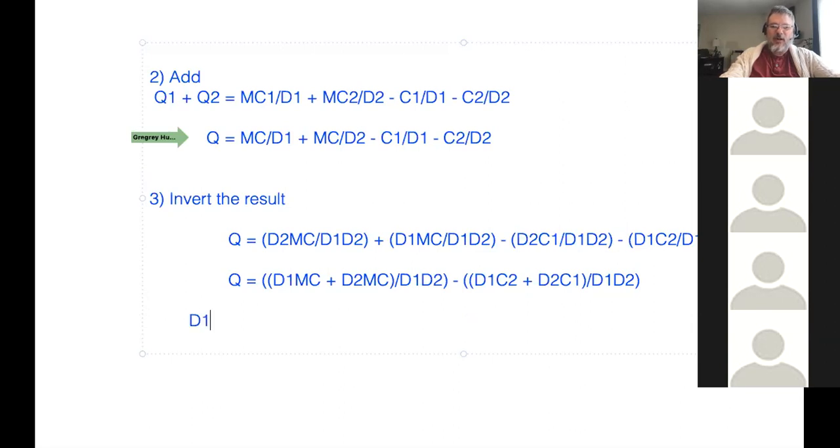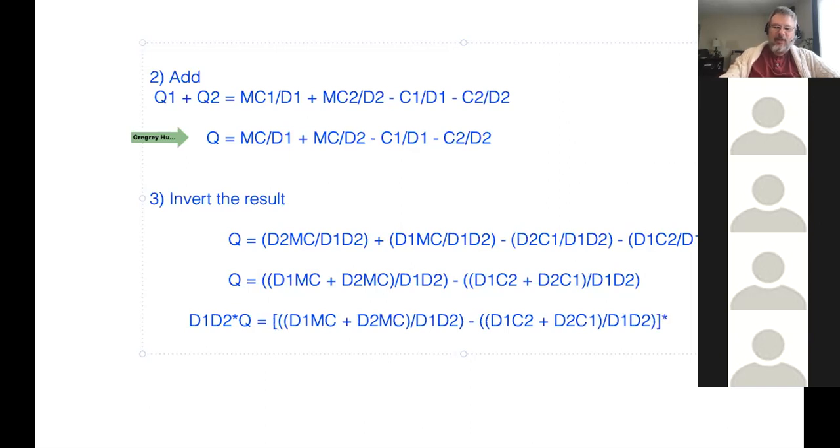If we do D1 times D2, and I'll just put times Q to make it more transparent, then I'm going to be multiplying the other side also, right? And I'll just end up with, let me just copy this line. Since I'm multiplying, and hopefully everybody can see this, I'll be really explicit. I'm multiplying that whole thing in the square brackets by D1, D2 also, right?